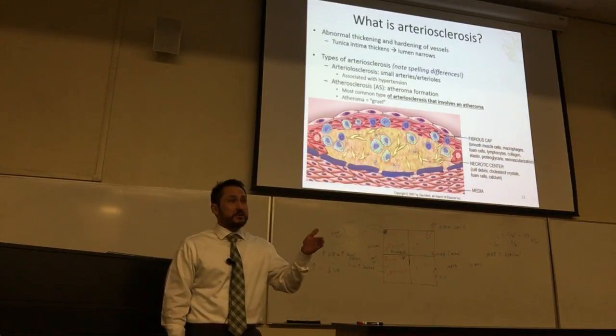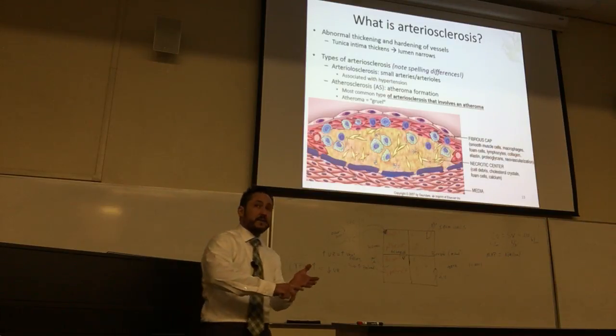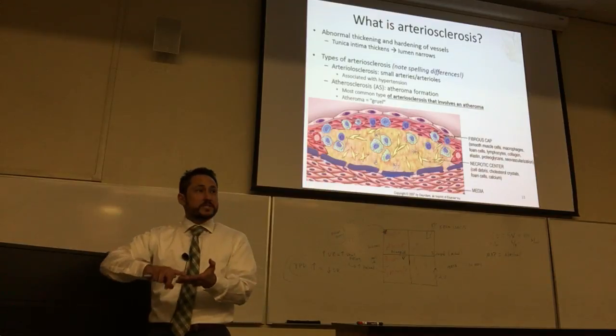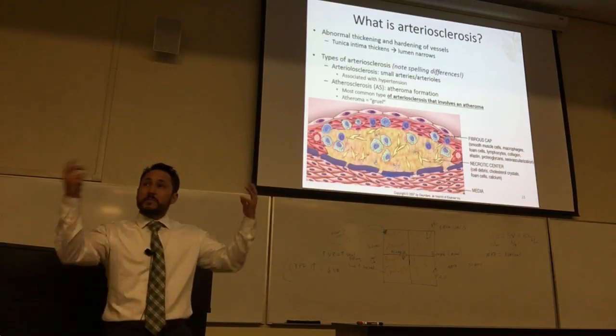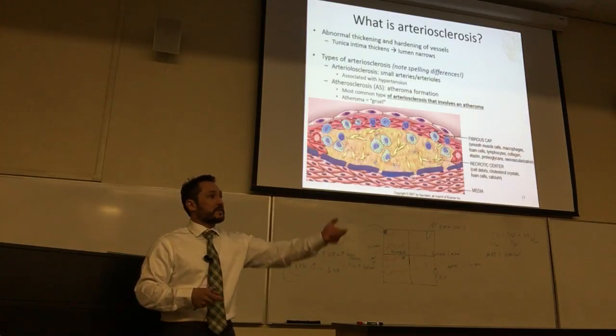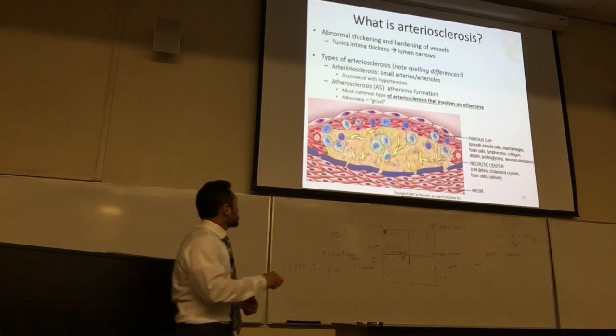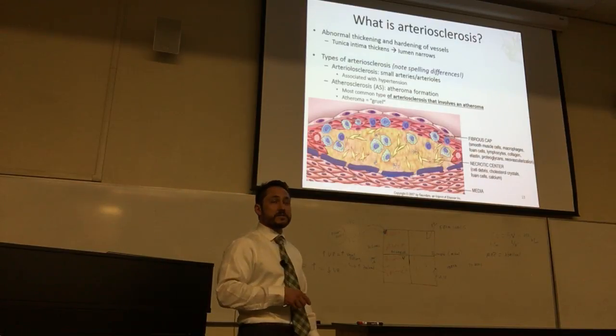It's actually in contrast to that. It's like when you see scarring, whether that's in the kidney or the liver or the skin. That's a big concept that we've talked about throughout the entire semester: regeneration, returning function, versus repair or healing, where you get scarring. There is definitely scarring taking place here.